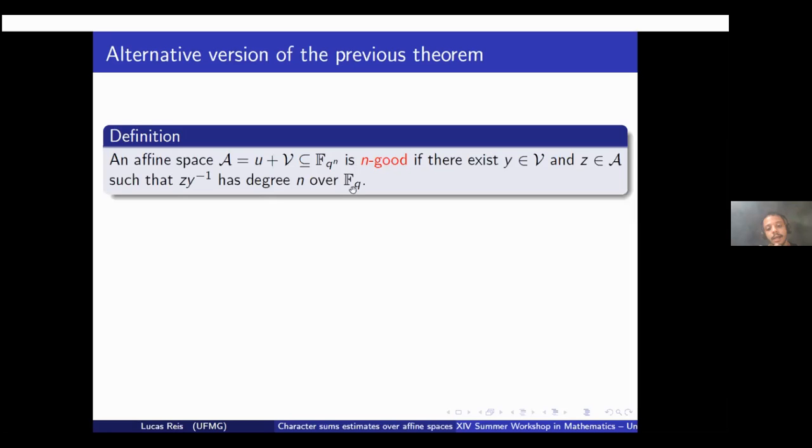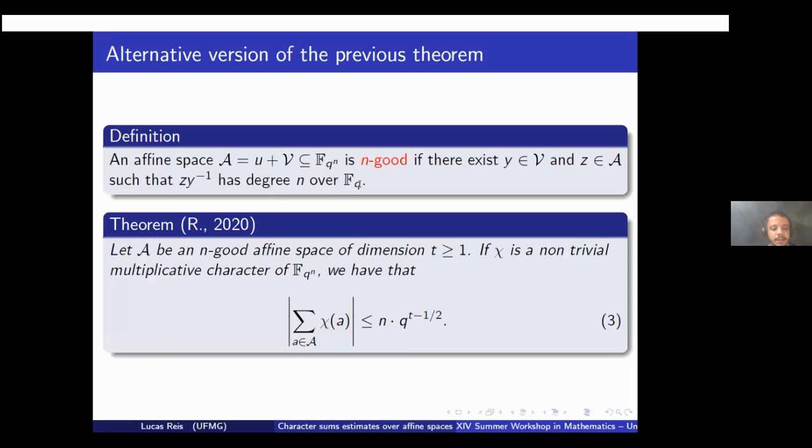And so just rephrasing the previous theorem, I have this statement. I take A and define an affine space of dimension T, at least one, and if I take chi a non-trivial multiplicative character of FQ to the n, then this character sum is bounded in modulus by this function, right?